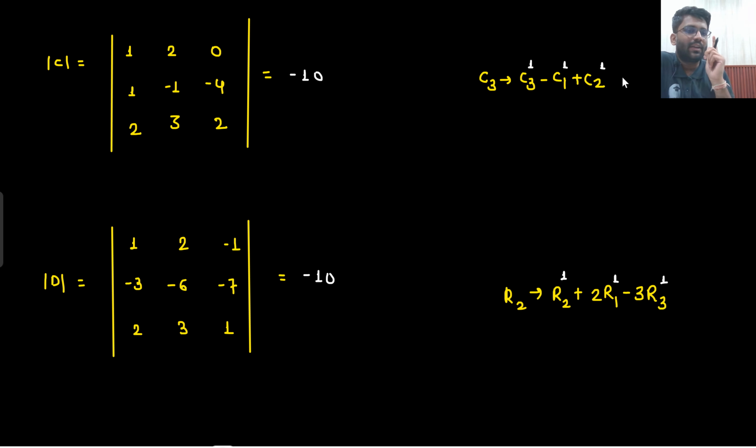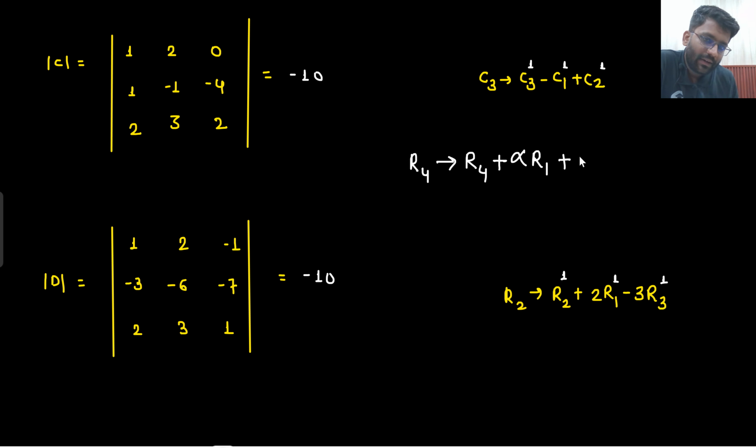But along with that, take care of one thing: in whichever row or column I am performing the operation, let's just say I am performing the operation in R4. Then how will I perform the operation? R4 as it is. Now I can do something with R1, R2 and R3. Alpha, beta, gamma values could be anything.